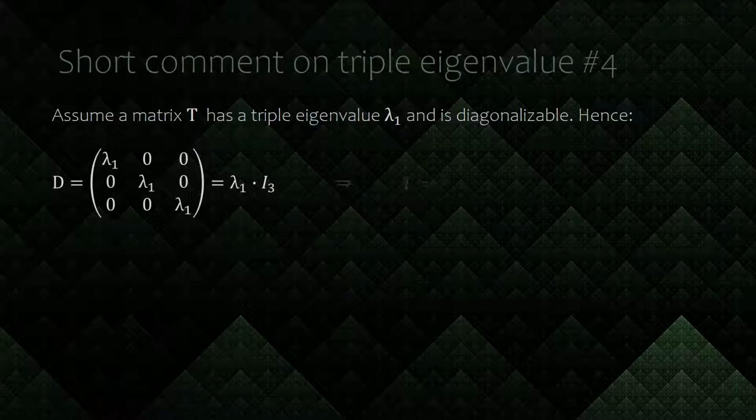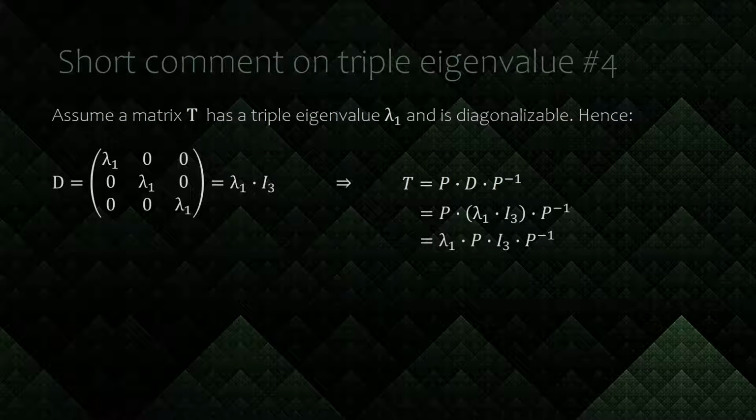Hence, as T is diagonalizable and the matrix D equals lambda 1 times identity matrix, after putting the scalar aside, the multiplication of matrices results in the identity matrix, and the total result is the diagonal matrix D. So, if a matrix has a triple eigenvalue and is diagonalizable, it has to be a diagonal matrix.